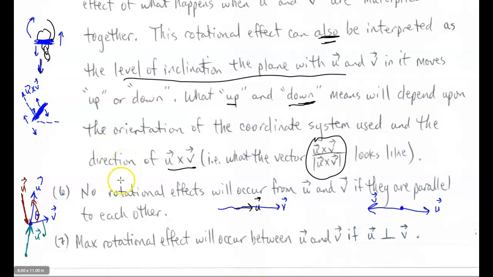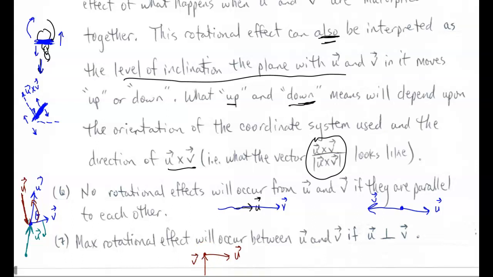In order to do that, the vectors can't be parallel to one another. That means they can't point in the same direction or in the exact opposite direction. With this being said, we will have maximum rotational effect if I have some vector u here, and another vector v acts on it exactly at a 90-degree angle.